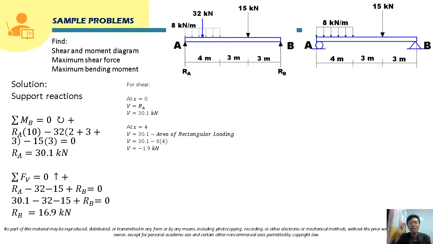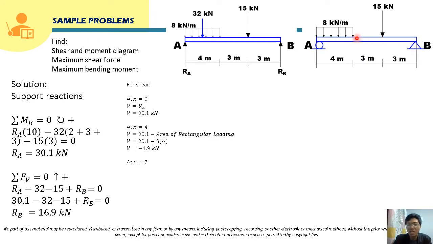Okay, so after this, from this point we will proceed to this point. At x is equal to 7, we will also compute the shear. In this case, there is no loading here at this segment.